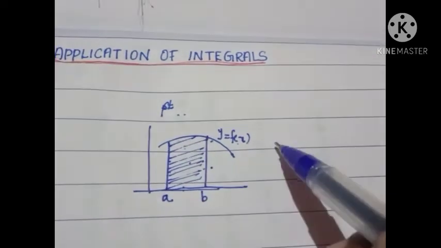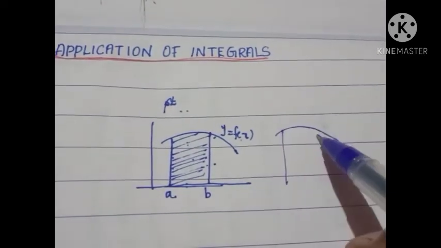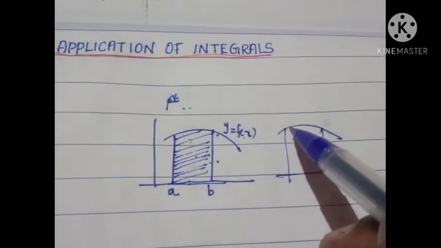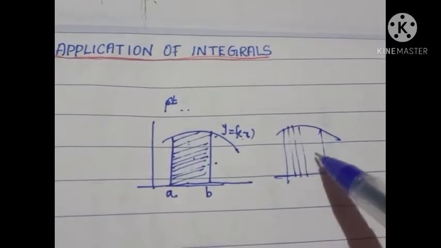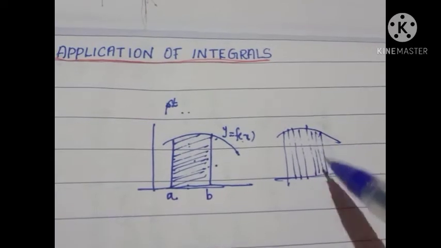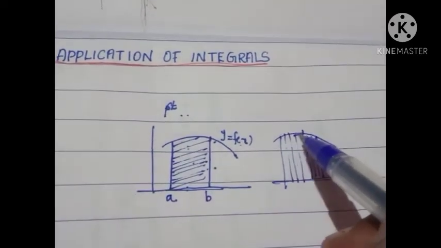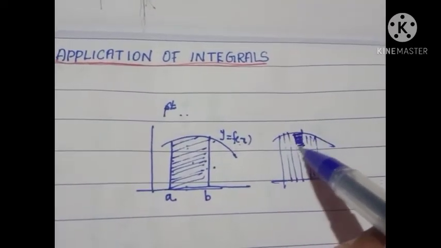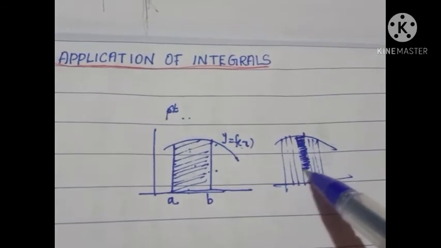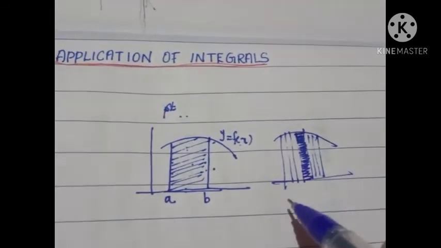Now divide this region into small stripes, small parts, and consider one of the stripes. Integrating this stripe with respect to dx gives our area.